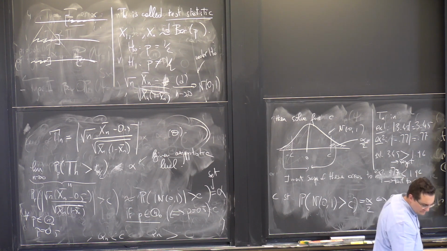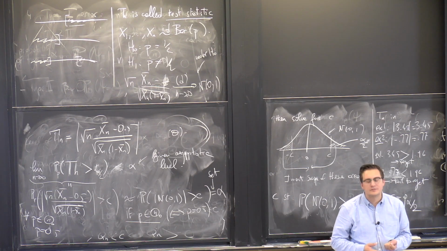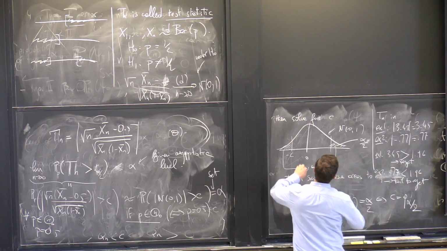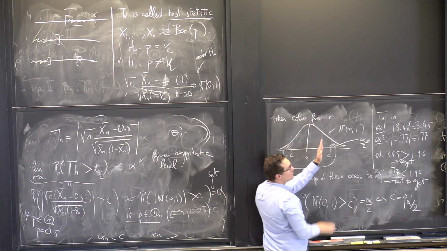So here's a question. In example 1, for what level alpha would psi alpha change? What's going to happen if I start decreasing my level? When I decrease my level, I'm making this area smaller and smaller, which means that I push the C to the right.